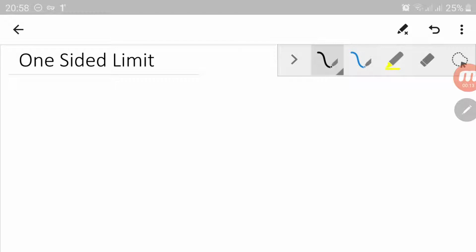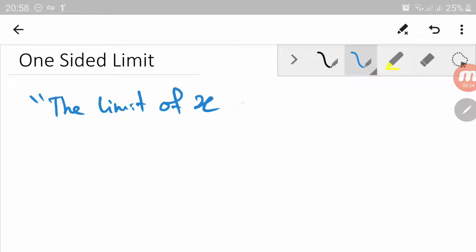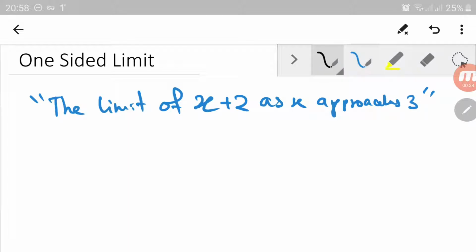So first thing first, if we want to write the limit of x plus 2 as x approaches 3, how are we going to write this?